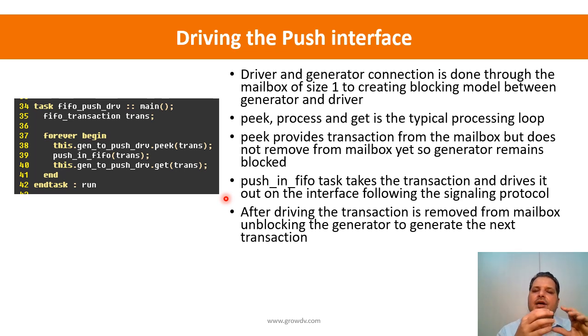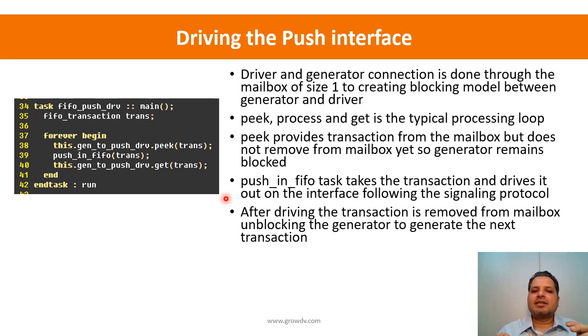Through this mailbox my generator and driver are connected. Meanwhile my push driver was waiting for something, and that wait was happening through this call to peek. In the peek, it got a copy of the transaction to drive, but the transaction itself is not removed from the mailbox. Since it is not removed, the generator will not be able to generate another transaction.